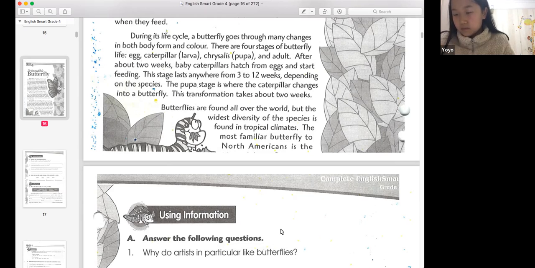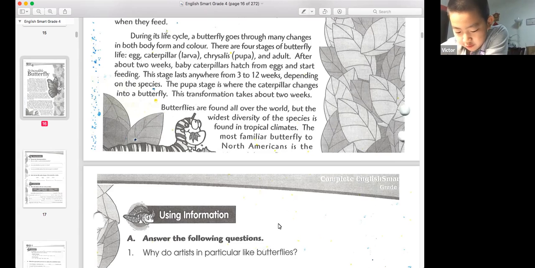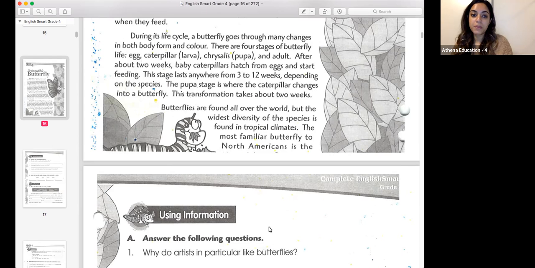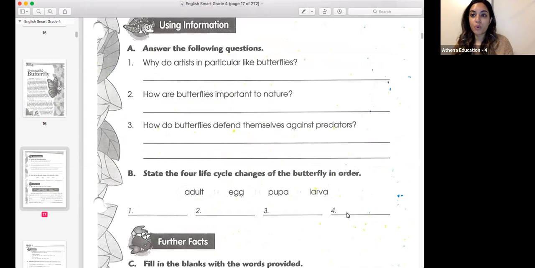Good job. Okay, Victor, do you want to tell us your answer first? My answer: the first one is egg, the second one is larva, and the third one is pupa. The fourth one is adult. Yeah, good job. So that one is pretty straightforward. Did everybody get that answer? Thumbs up if everybody got that answer.